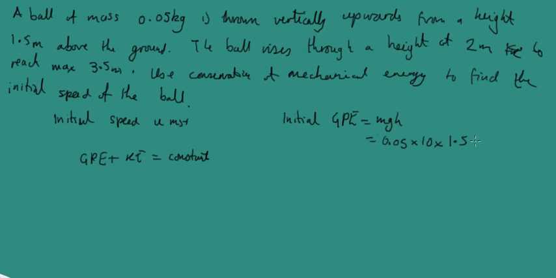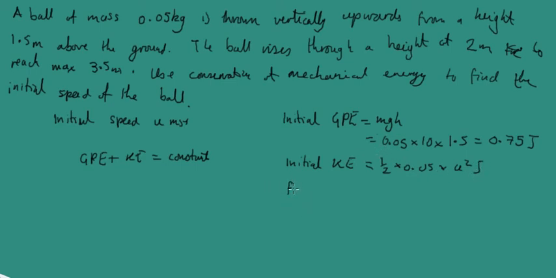So that will give us 0.75 joules. The initial kinetic energy is half times 0.05 times u squared joules.